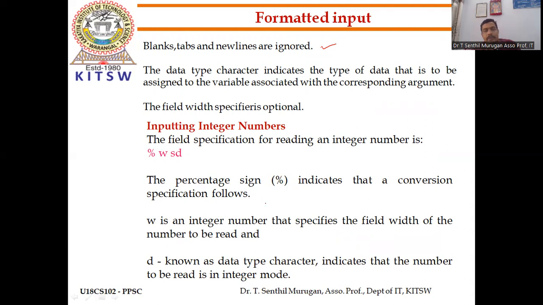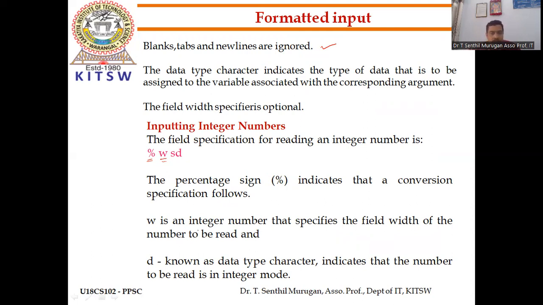Now how can we specify the field width? For field width, there is percentage, then the width size, then D. D means it's an argument. The percentage sign indicates a conversion specification; you have to convert it. W is an integer number, how much width we want.